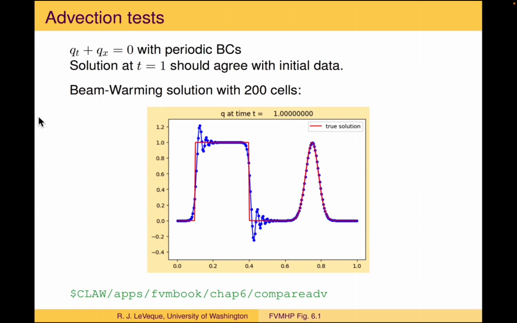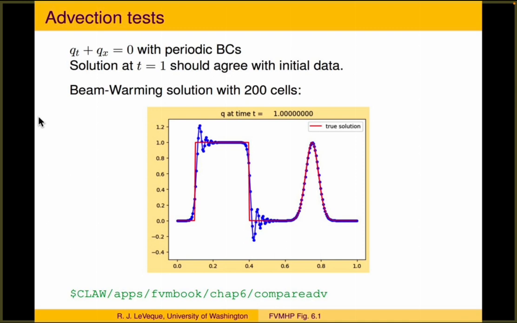So if we use the beam-warming method instead of Lax-Wendroff, we might hope maybe that works better because we're using an upwind method, and if we're looking at advection going to the right, maybe it's better to use this one-sided method rather than the centered method of Lax-Wendroff. But it turns out that it doesn't really do any better. It looks somewhat different. If you remember Lax-Wendroff, the oscillations were trailing behind the discontinuity as it propagates. Things are propagating to the right here since the advection velocity is 1.